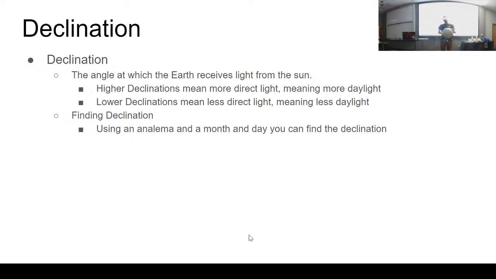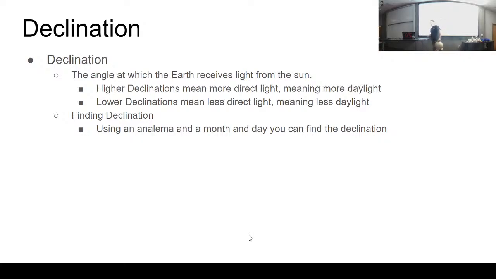That means the light that it receives from the sun, you will have areas that will receive more light than others during the day. So higher declinations mean more direct light, which means more daylight. So lower declinations mean less direct light, meaning less daylight.